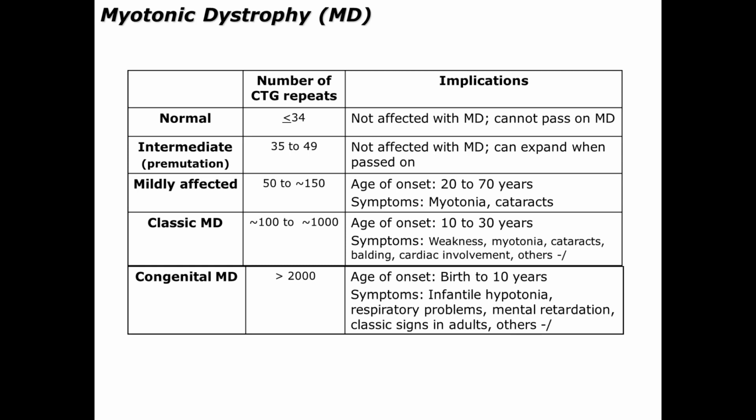So the larger the number of repeats, the more instability it has when it gets passed on in a family, and the more likely it is to change numbers as it gets passed on. That means that somebody who has a repeat in the 500 to 800 range has a higher chance of having a baby born with problems, or a congenital type of myotonic dystrophy, than, say, somebody who has a repeat in the 50 range or in the 100 range.